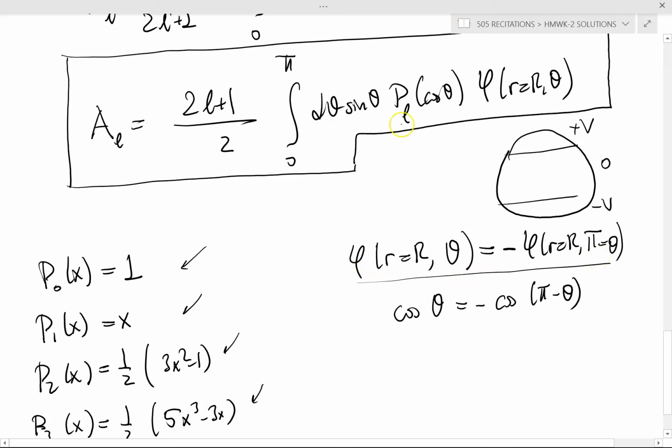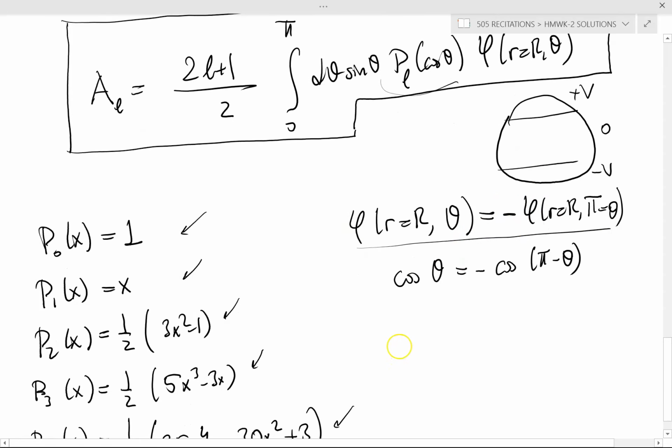Why? Because you see P_L over here, I will be taking the whole integration, but for the upper side I need to obtain the plus sign, and for the lower side I need to obtain the minus sign. In order to satisfy this, once I change the argument of cosine theta, I need to see a change in the sign of the Legendre polynomial, and that is only possible for the odd powers.